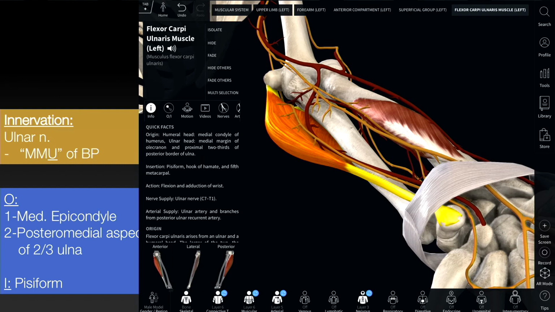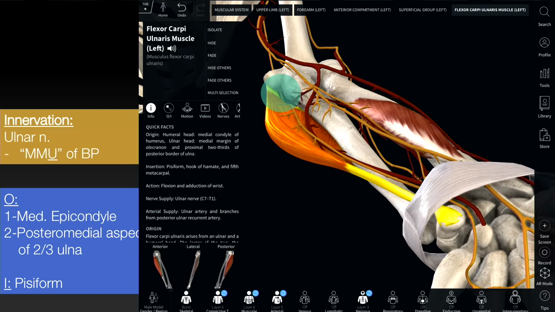Now I also bring this up because I heard a few of you talking in lab about the funny bone. This is the funny bone. So this is the ulnar nerve that you can see innervating Flexor Carpi Ulnaris. It wraps around the medial epicondyle.